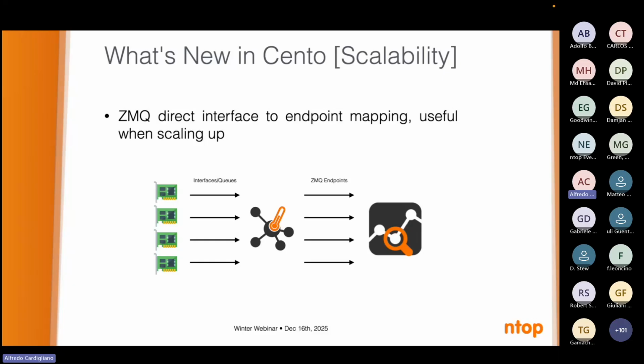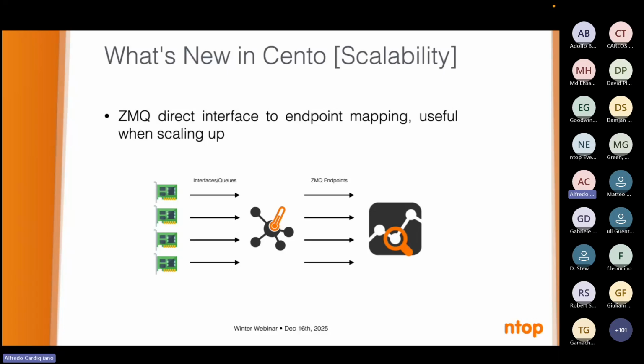Now, as you probably know, nProbe Cento can scale up to 100 gigabit or more, and this is implemented by means of multiple threads, where you can load balance the traffic from the network adapter to multiple threads, or you can even capture traffic from multiple network adapters and process this traffic with multiple threads.